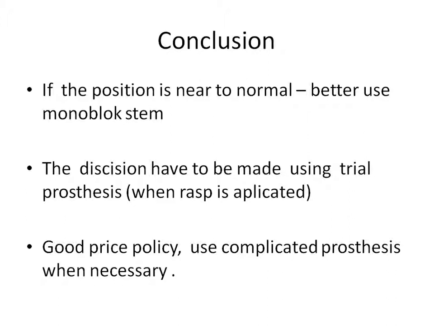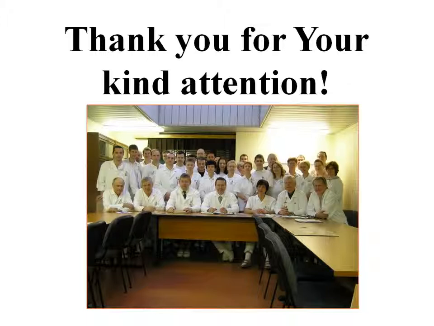A good policy is to use a complicated prosthesis when it is necessary, which is of course allowed. But when you don't need the modular stem prosthesis, you can use standard prosthesis. So this is, I think, a very big advantage, one of the more advantages in this system which we used in our clinic.